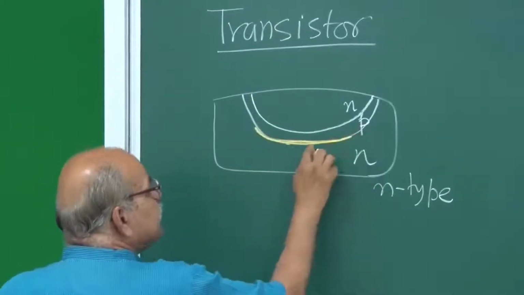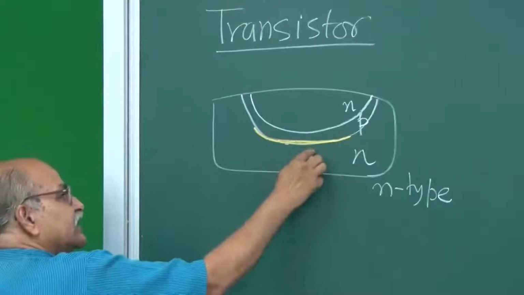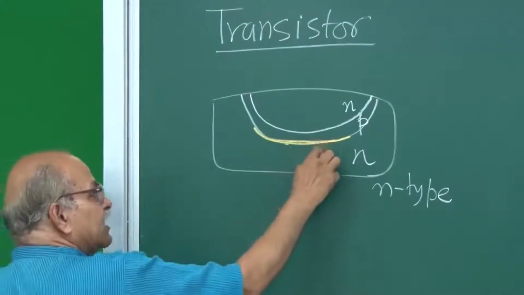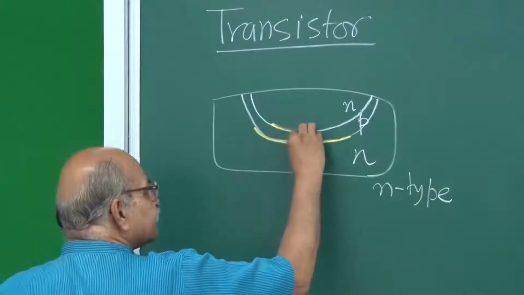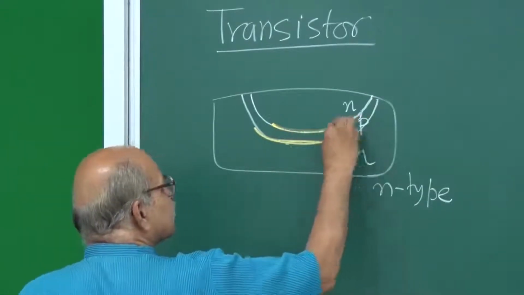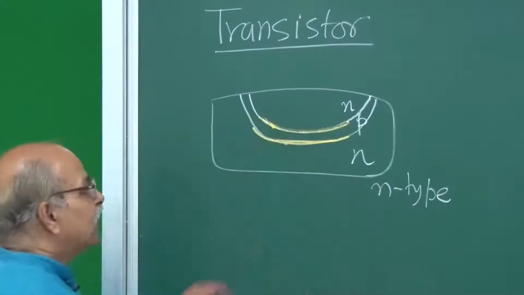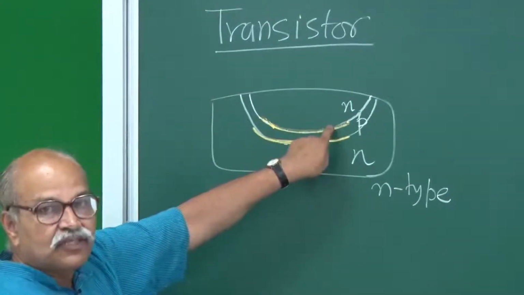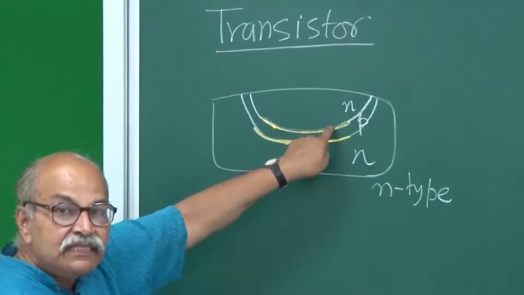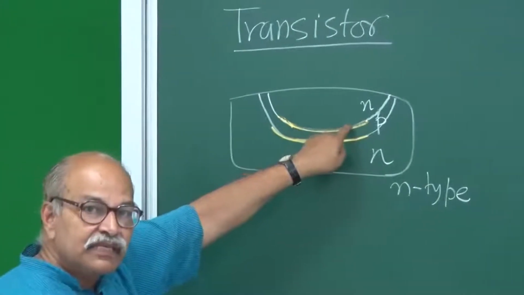You have p-type on one side and n-type on the other side, so you have a Pn junction. And then you have another Pn junction, which is here. So, you have a p side here, n side here, and then you have junctions. All those Pn junction characteristics will be here.